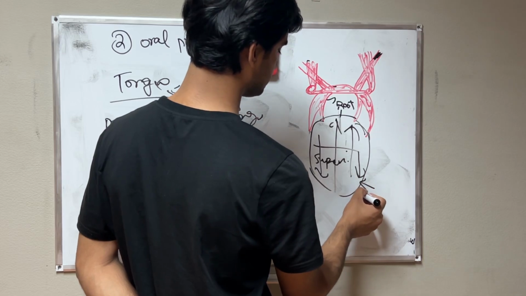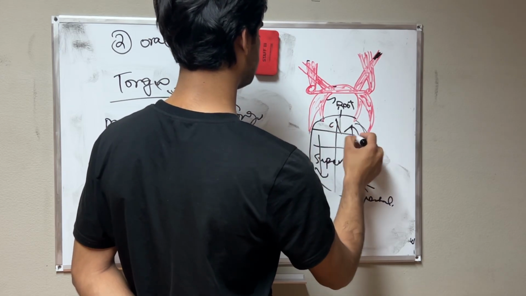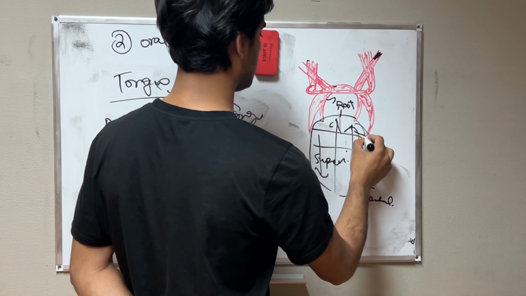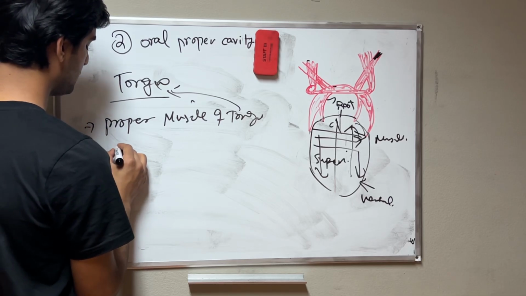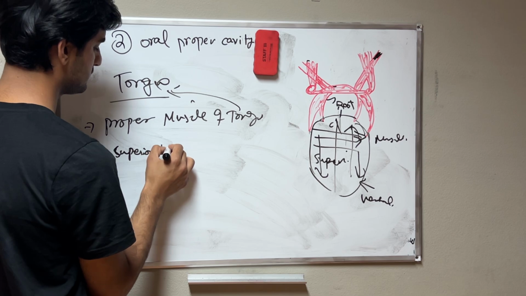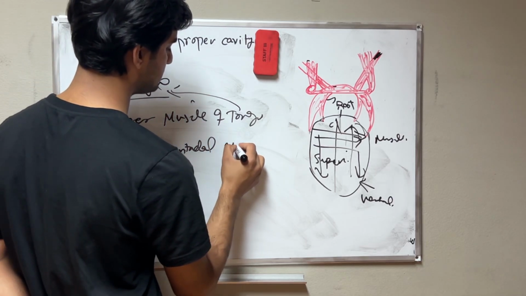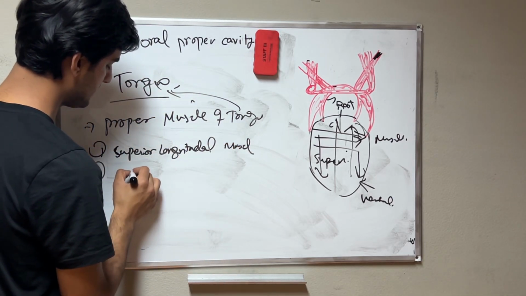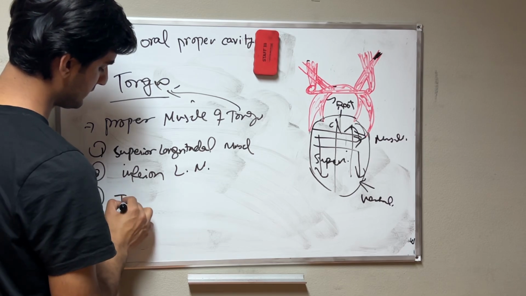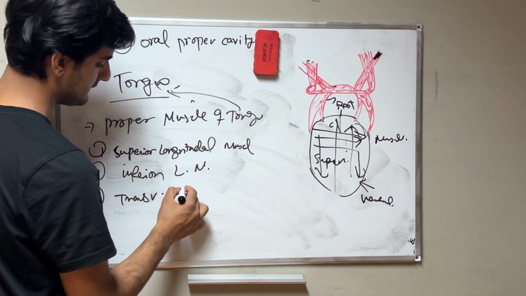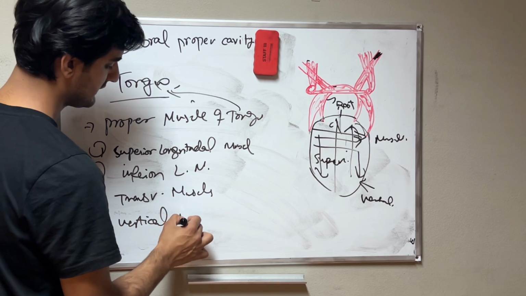Here we have vertical and transverse muscles. So the proper muscles: first the superior longitudinal muscle, second the inferior longitudinal muscle, third the transverse muscle, and fourth the vertical muscle. These are the proper muscles of the tongue.